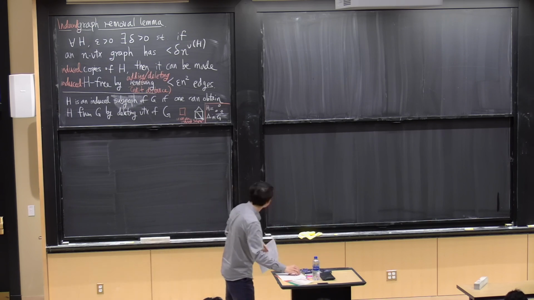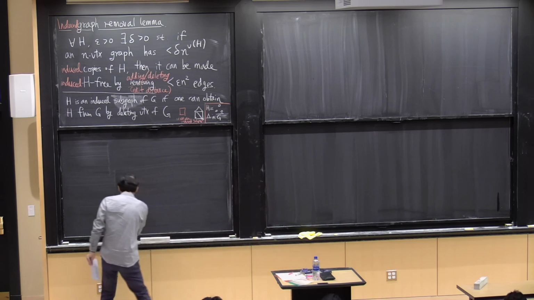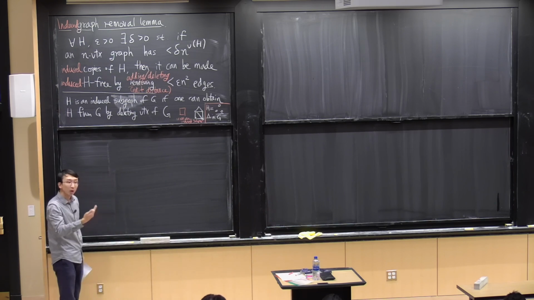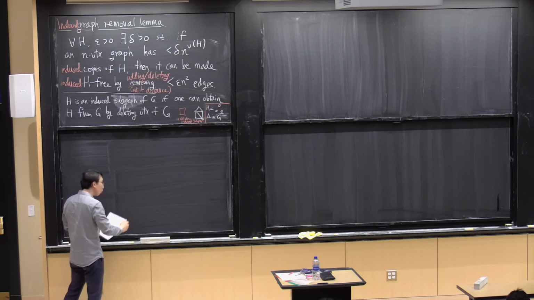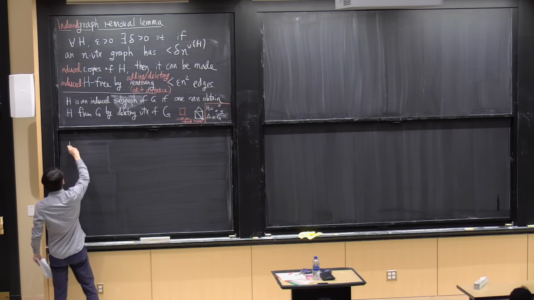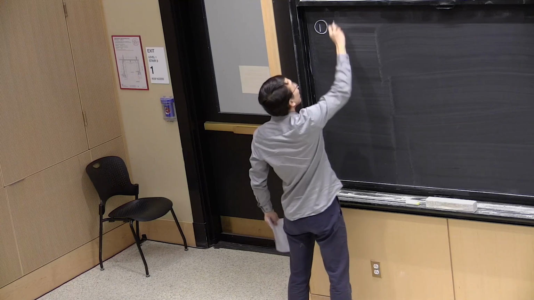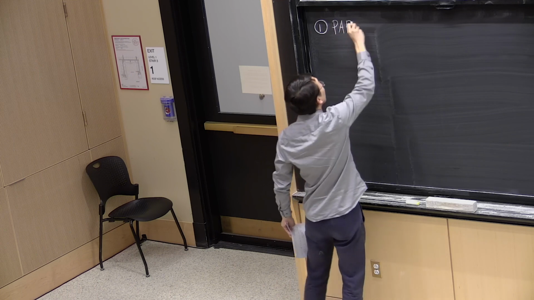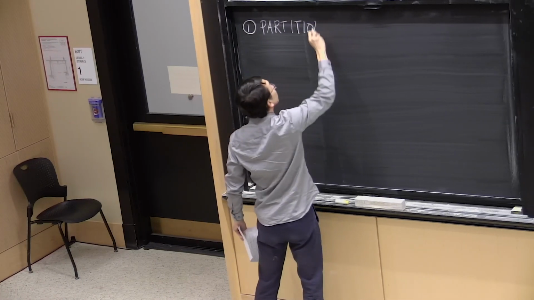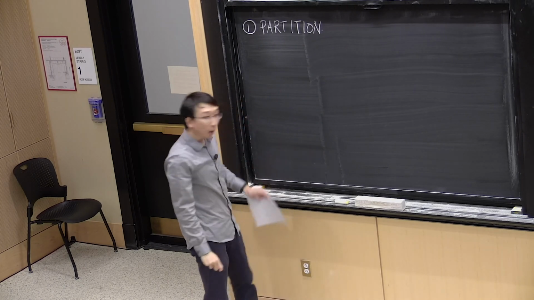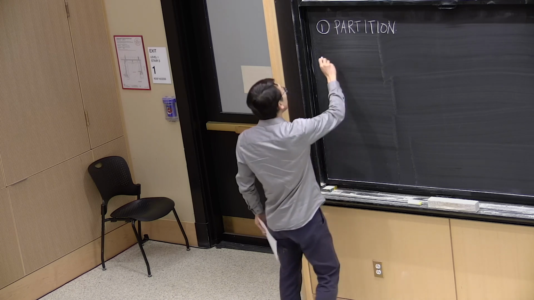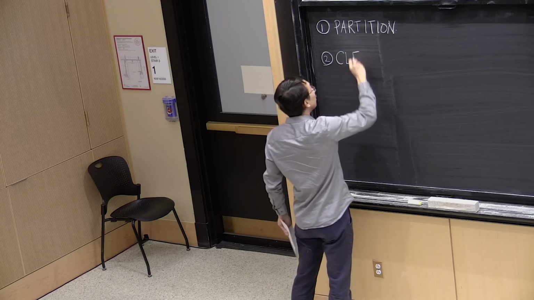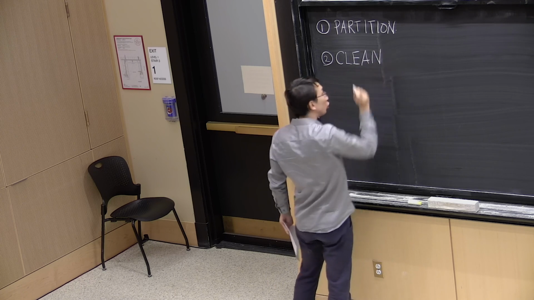All right, so let's think about how you would prove this result following the proof that we did for the triangle removal lemma. Let's pretend that we go through this proof and think about what could go wrong. Remember, in the application of the removal lemma, the recipe has 3 steps. The first step, we do a partition, applying Szemerédi's regularity lemma. The second step is we do a cleaning.